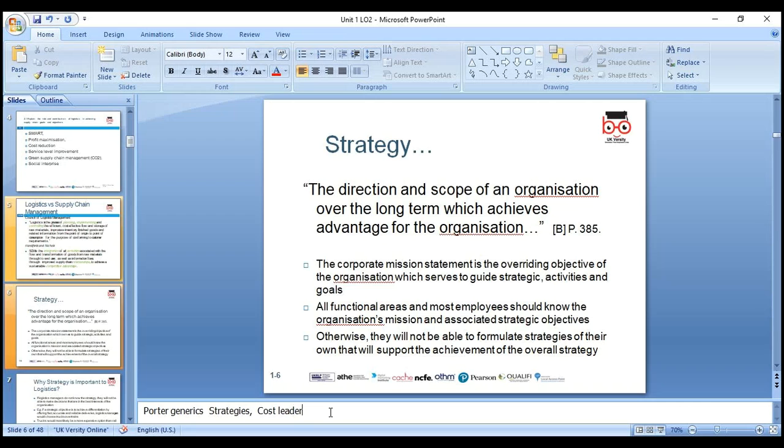Yes, now I can. Cost leadership. Maybe your strategy in the market is to be a cost leader, like the companies Ryanair and EasyJet.